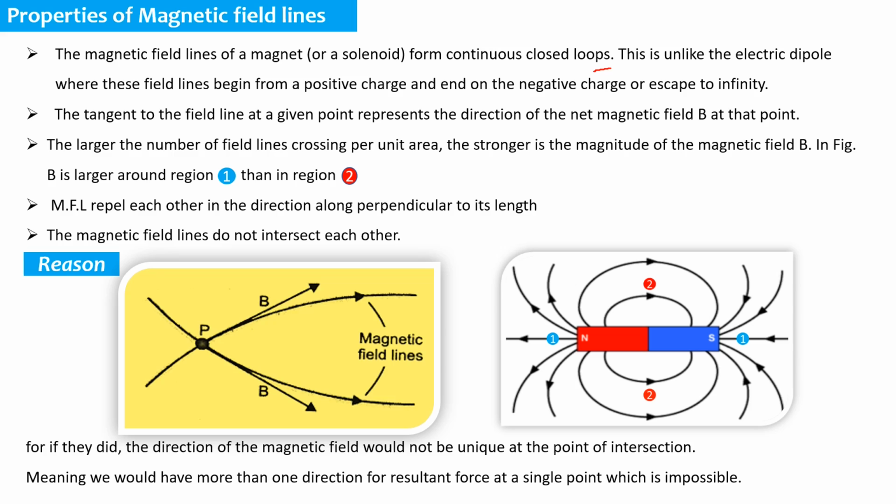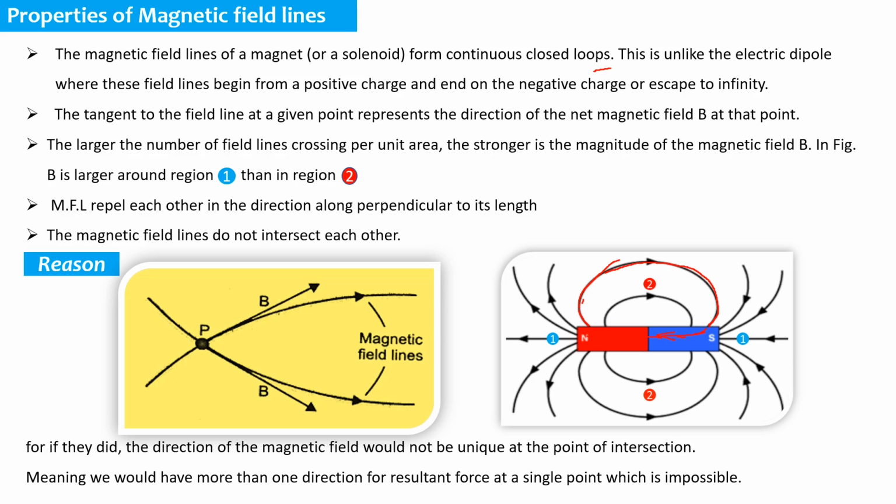So let us take this. This line is north and it is going like this. By tracing this path, you come to south. But according to this statement, inside the magnet, these lines should be like that.